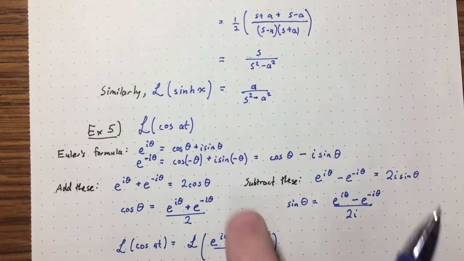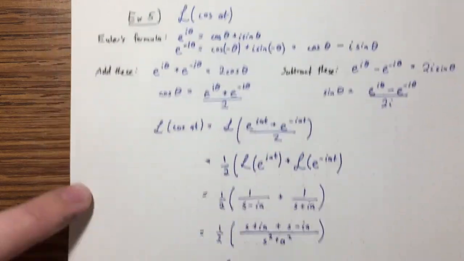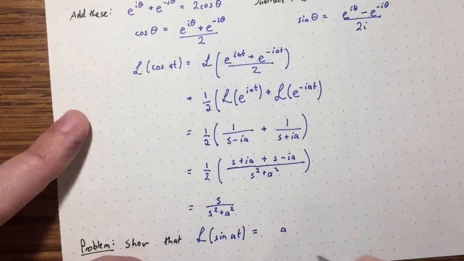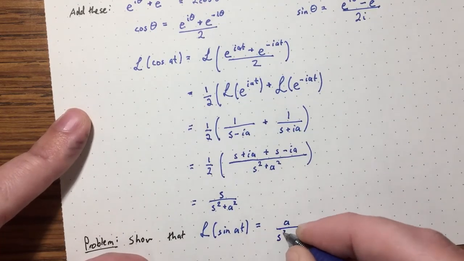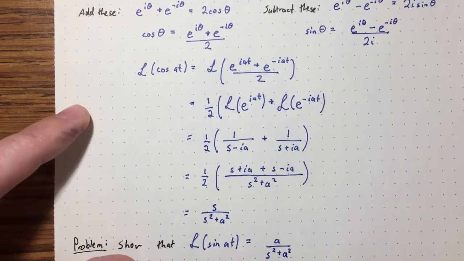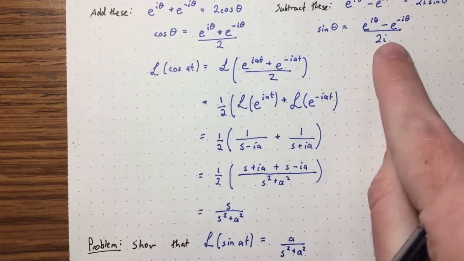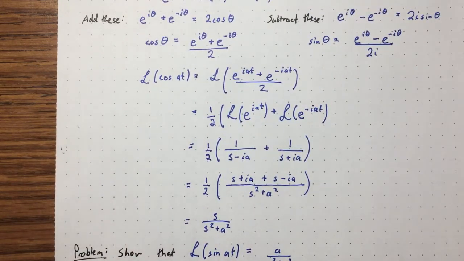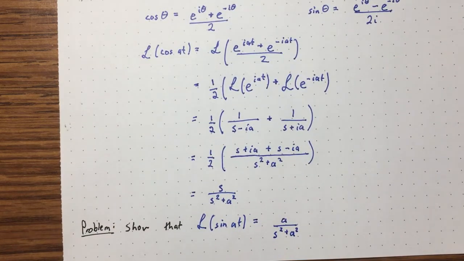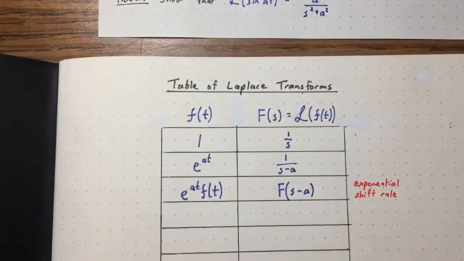If we believe that there's some connection between the hyperbolic sine and the actual sine, it should be a over s squared plus a squared. But it's great practice to try to calculate that for yourself. It turns out to be a little bit harder than this one because of this i in the denominator. But the i's will eventually cancel, and we get this. So let's add all of these to our chart.